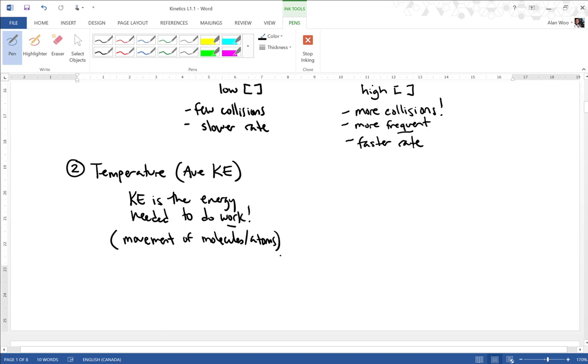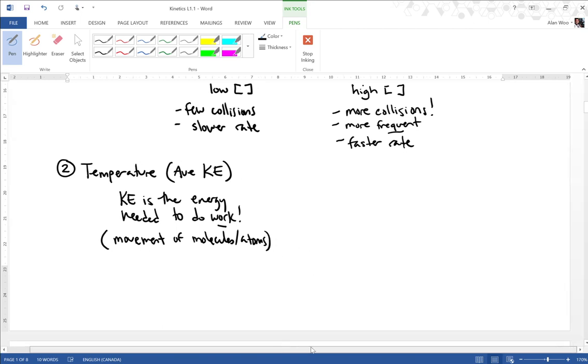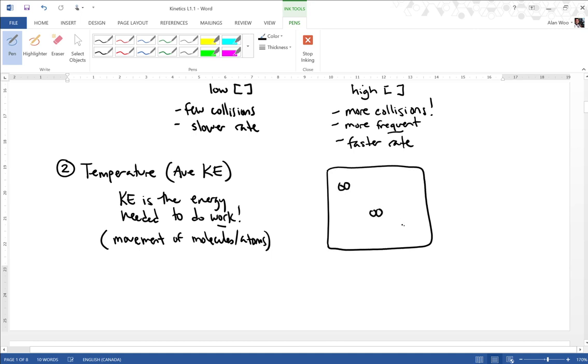So if we were to look at our original container that had, I believe, 3 molecules of oxygen and 3 molecules of hydrogen, and let's say that the average temperature here is 20 degrees Celsius, which is room temperature.